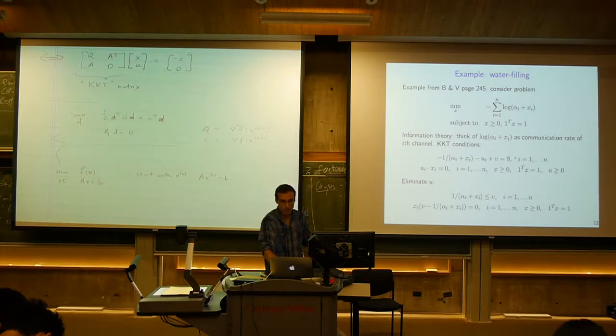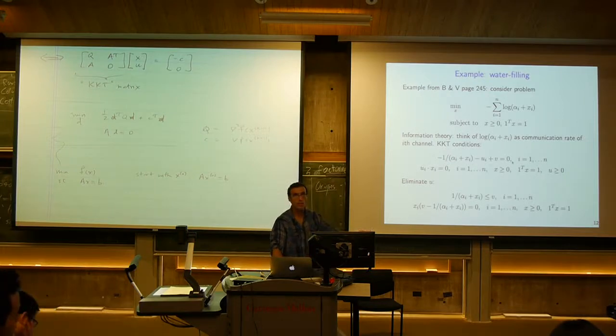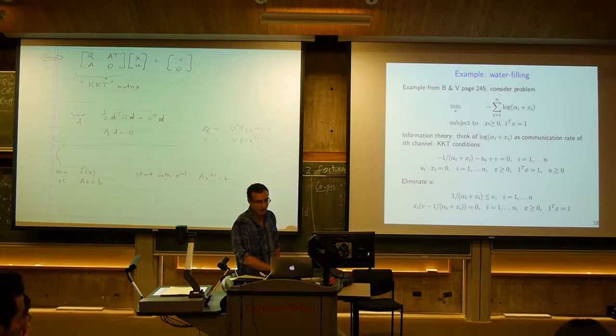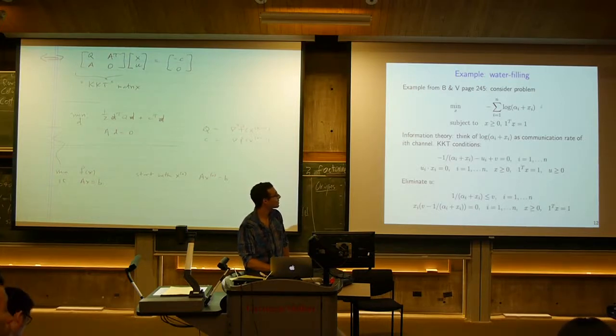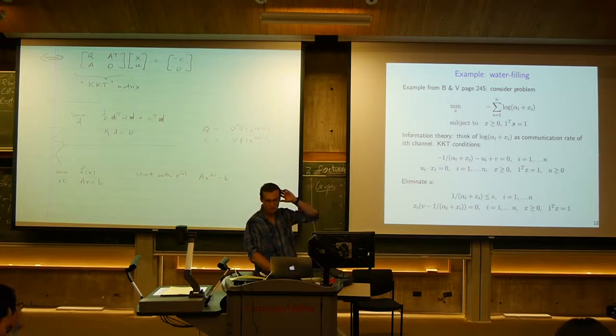And the first thing I've written up here is just stationarity. But I've done so in a way that writes down the Lagrangian implicitly and then invokes stationarity. So remember, the Lagrangian is gotten by adding the sum of minus u_i x_i and v times 1 transpose x minus 1 to the criterion. I take the constraints and I add them to the criterion multiplied by dual variables.